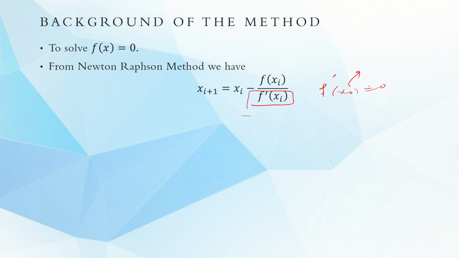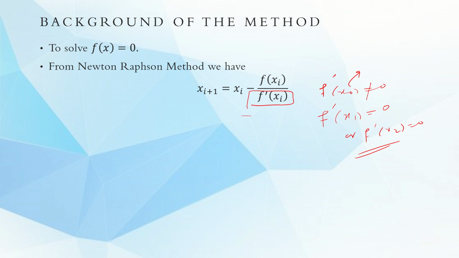Sometimes it might not be 0, but after one or two iterations we get maybe f dash x1 equal to 0, or f dash x2 equal to 0. So whenever we get this type of problem, the Newton-Raphson method fails. That's one issue with it.